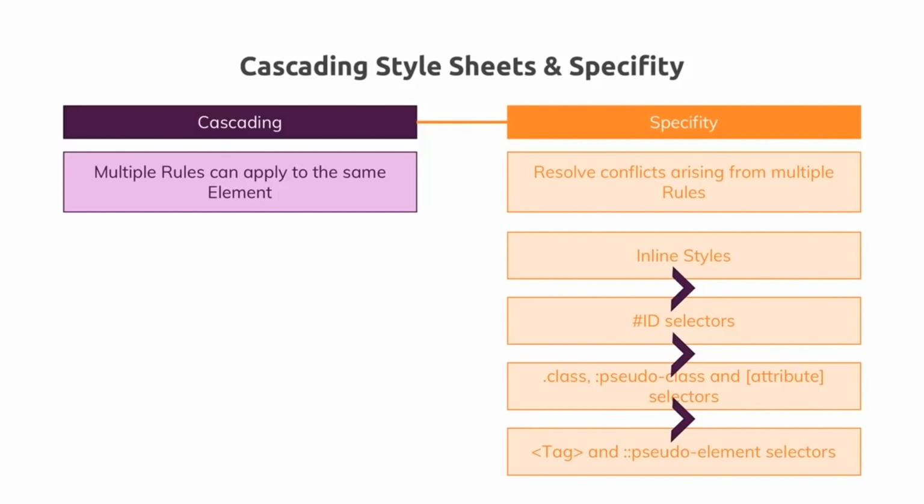Now, there are more rules connected to specificity, some advanced things connected to things like inheritance, which we haven't had a look at yet. But these rules here are important to keep in mind. Tag selectors have the lowest specificity, inline styles have the highest. Now, this doesn't mean that you should always use inline styles.